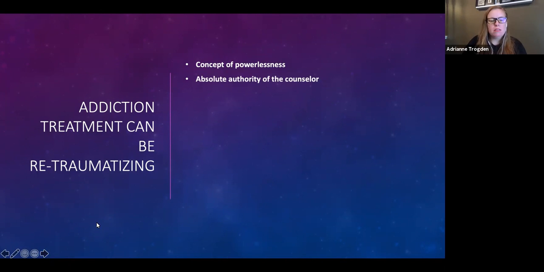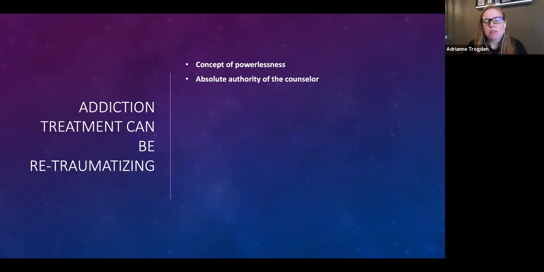The other piece, in a more traditional or old school substance use treatment, is the concept of the authority of the counselor, so that the counselor knows what the client needs to do and helps facilitate that. For somebody who's experienced trauma as well as addiction, again, it's that idea of not having control and not being able to be autonomous and develop autonomy and self-efficacy.